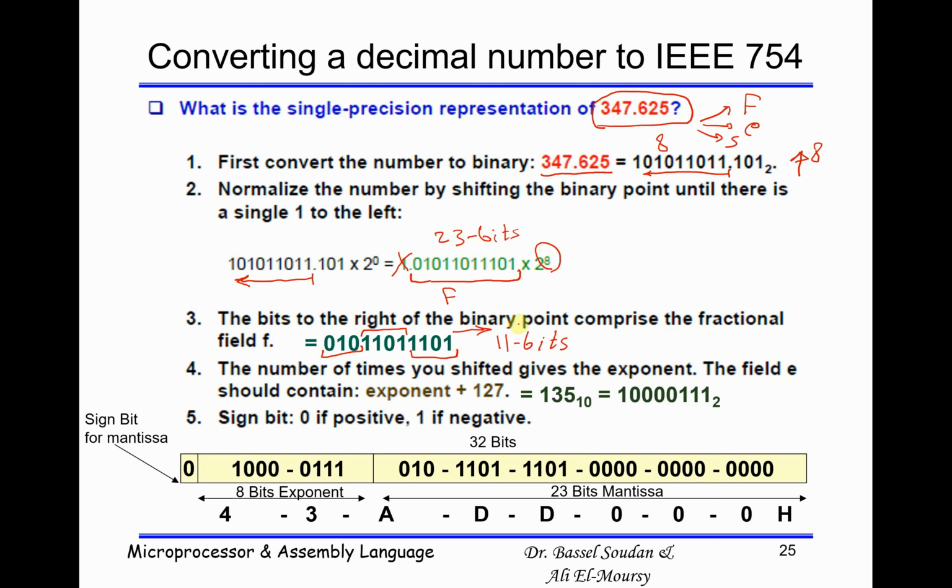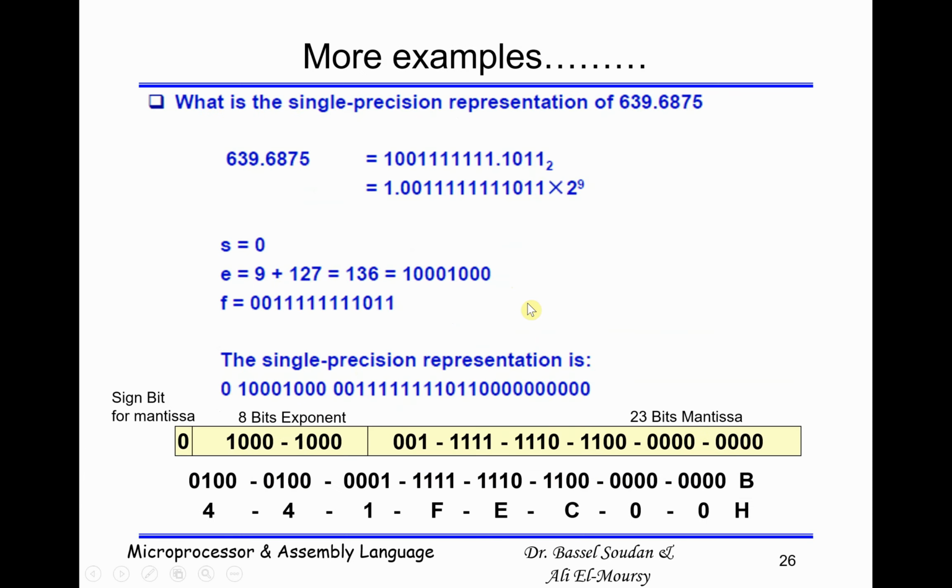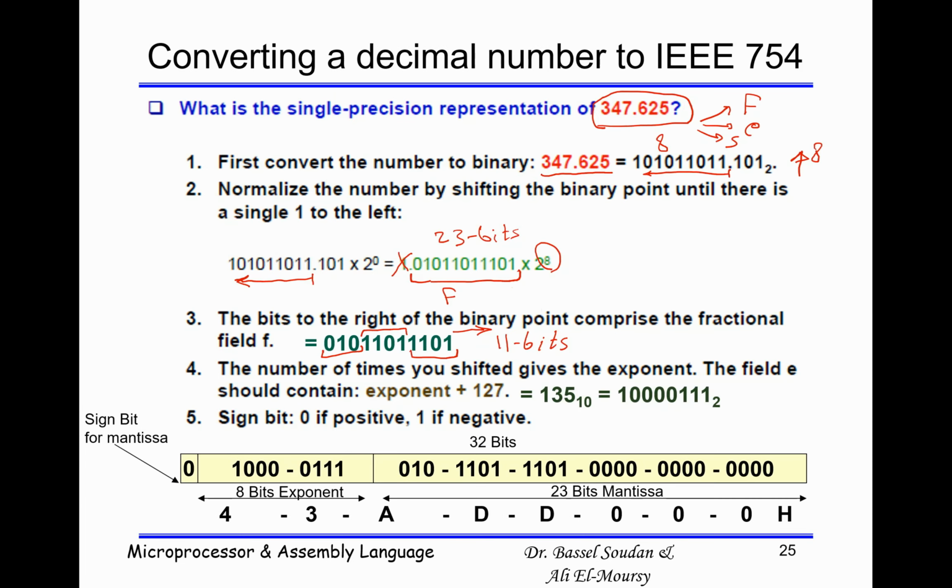So I have actually to add 12 bits. Correct? So that's why we will store, as you can see here, the fractional mantissa. The 23 bits are stored here. The first 3 bits 0, 1, 0, followed by 1, 1, 0, 1, then 1, 1, 0, 1, and then 12 zeros have been extended to the right to fill in the rest of the 23 bits.